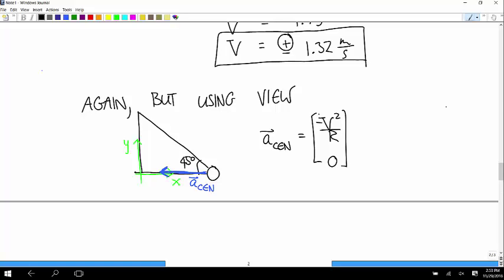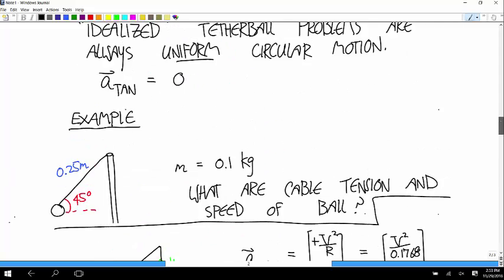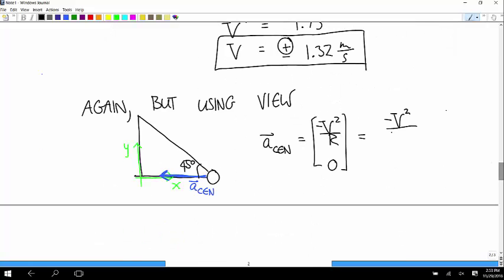And again, we know r. R is the same as it was in the first problem, so that's negative v squared over 0.1768, and then 0 for y.